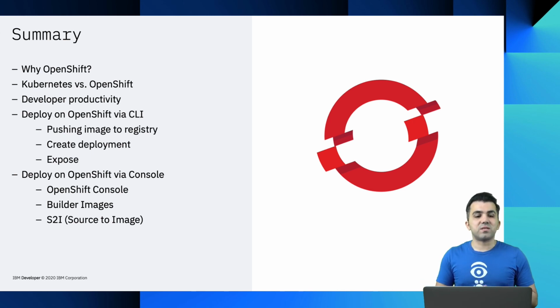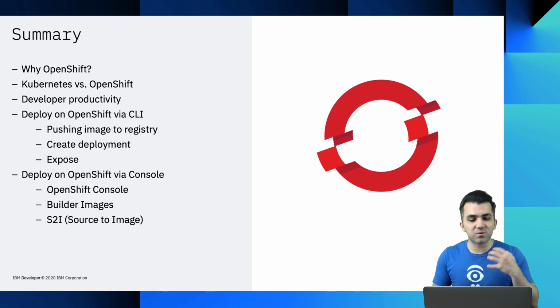And also we looked at using the CLI tool exactly the way that we use Kubernetes, but obviously with all those extra bits and pieces that OpenShift adds, security to every part of your deployment. And also we used the console to make everything much easier and more straightforward for developers.